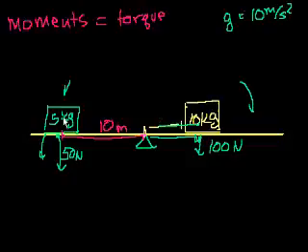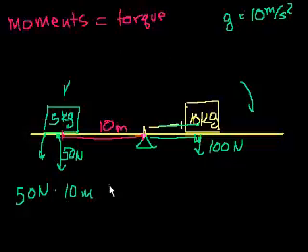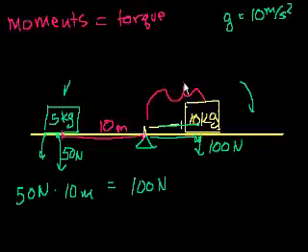So we could do it a couple of ways. We could say that the moment in the counterclockwise direction, 50 newtons times 10 meters, in order for this thing to not rotate, has to be equal to the moment in the clockwise direction. And so the moment in the clockwise direction is equal to 100 newtons times some distance, let's call that d.